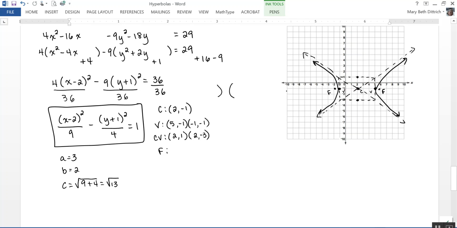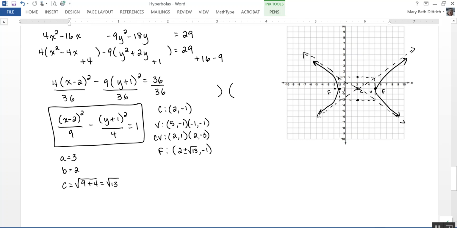So notice that those lie on the line y equals -1. So the only thing that's changing is the x coordinate. So I can do this, 2 plus or minus the square root of 13, comma, -1. Now what does that mean?